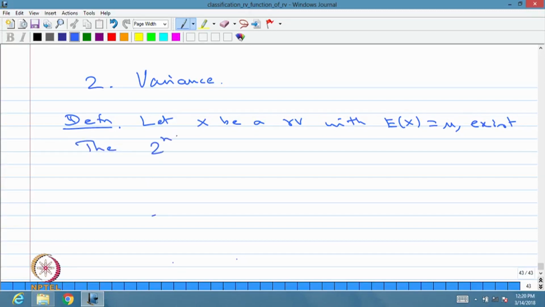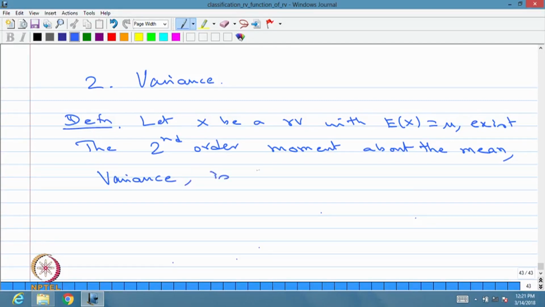The second order moment about the mean, that is nothing but variance, is defined as the expectation of x minus mu the whole square, that is denoted by variance of x.